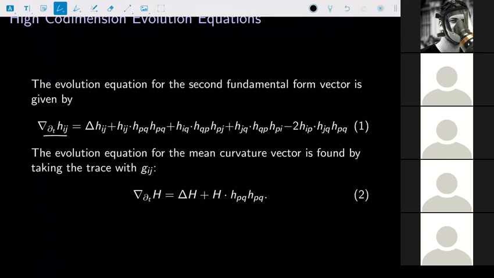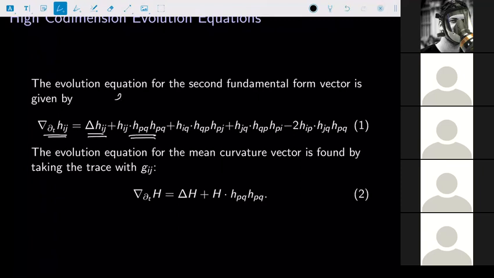Here, this is the time derivative. This is the Laplacian, looks good. This term here is the hypersurface terms. They appear if you're in codimension 1, but then you have all these extra terms here, which are the high codimension terms.